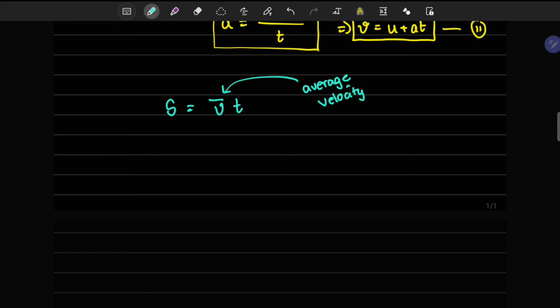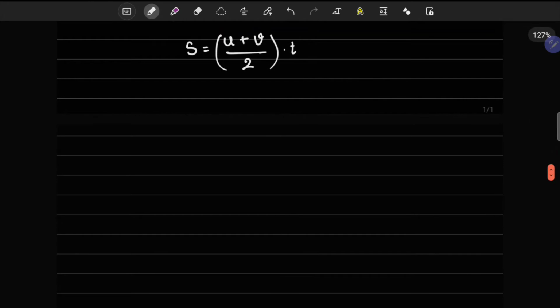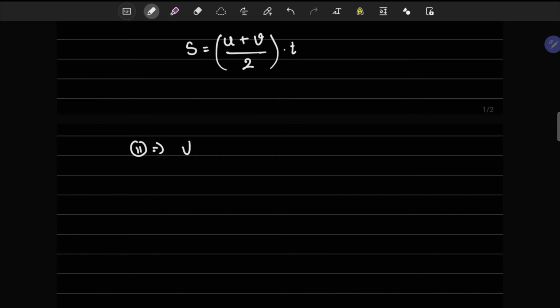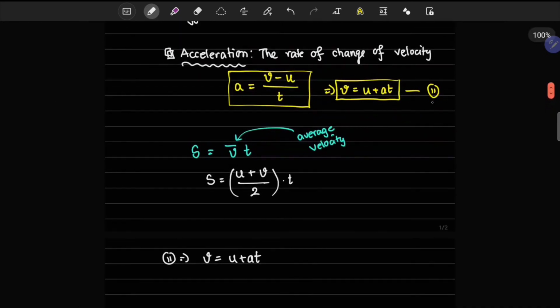So we can write this down as S is basically, let's take U as the initial velocity and V as the final one, divided by 2, since we are taking the average, times the time taken, right? Now, here's the thing. We know from the second equation of motion that V is basically U plus AT. I'm talking about this equation, right?